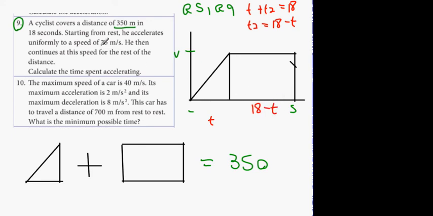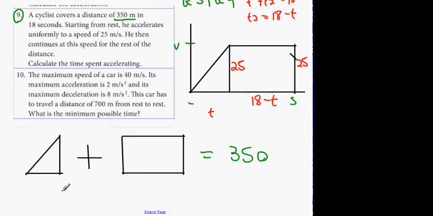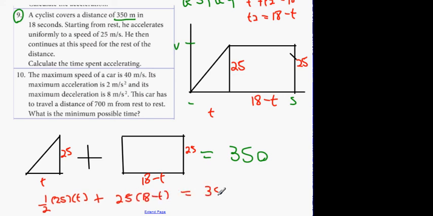Now, speed of 25. So what's the area of the triangle, lads? A half 25 multiplied by T, and the area of the rectangle, length by width, that all equals 350.